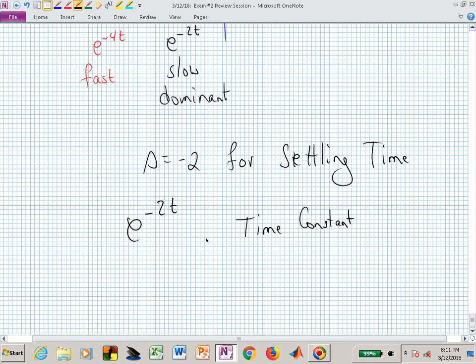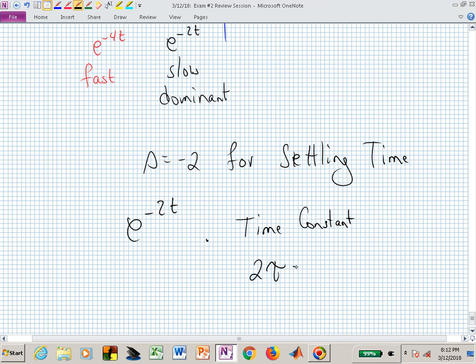The time constant is the value of time when this is at e to the minus 1 in magnitude. So what value of time t makes the exponent minus 1? 2t is equal to 1, so the time constant is 1/2.